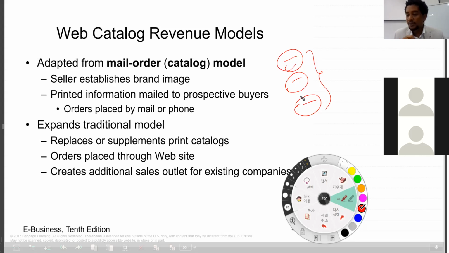It was difficult for them to expand their customer base. So what this company devised is to prepare mails, and on these mails there are catalogs. Catalog means there is a product they produce, the price of the product, and the description. It's a kind of book that they send to their customers.